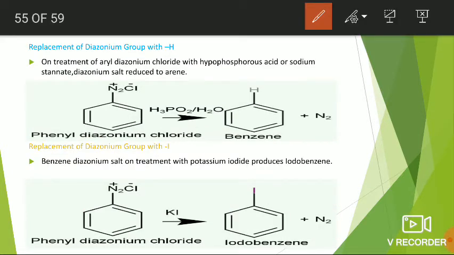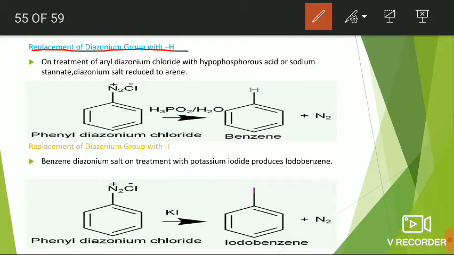The next one is replacement of diazonium group or diazo group with hydrogen atom. It is the best method to convert amines into arenes. That is, replacement of the diazo group is used to remove an amino group from the arene ring.